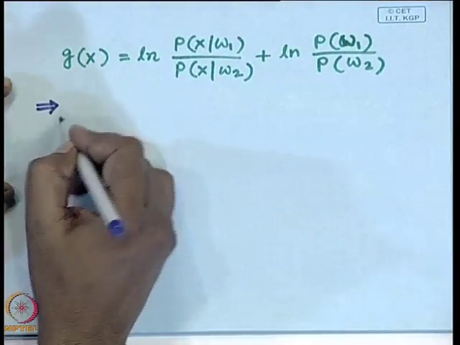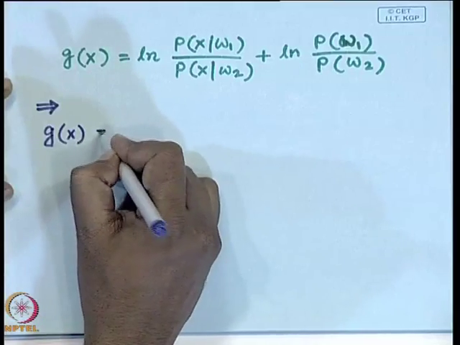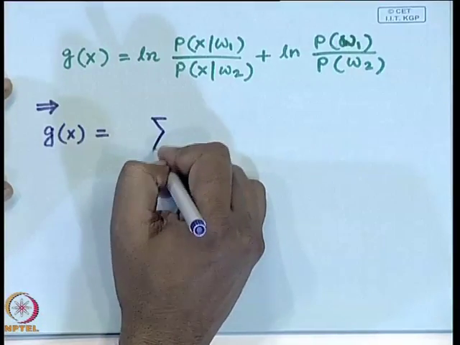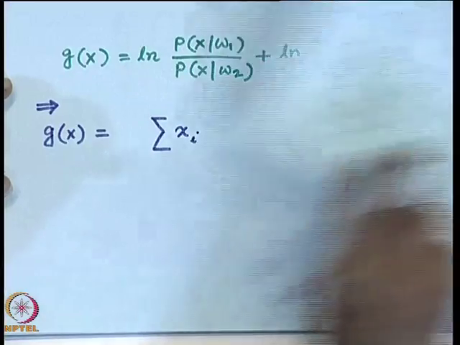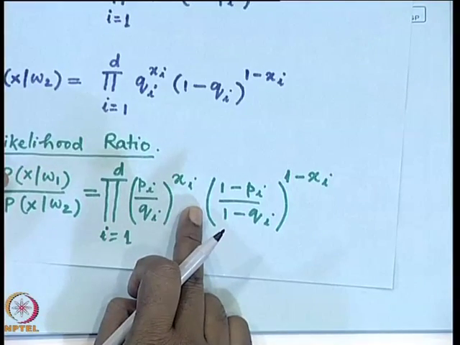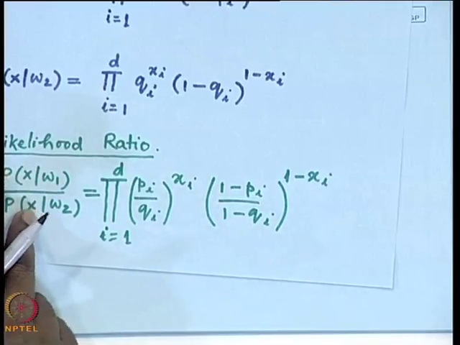So, what I simply get is g x is equal to summation of x i, because here x i was a power, so this will become a product in the logarithmic term.